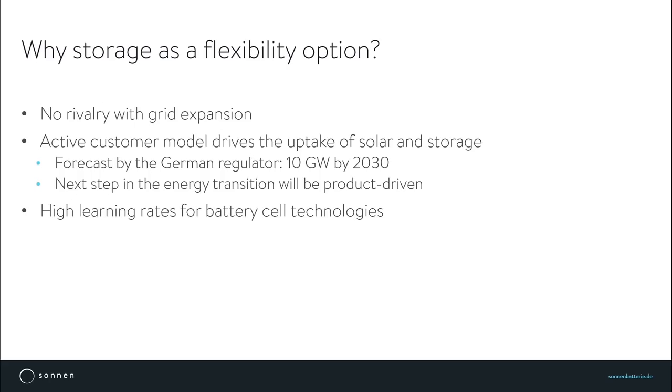And the other thing we're going to see, and why the active customer model with solar and storage is so important, is that we believe the next step in the energy transition will be product driven. So far in the energy transition, most of it was about generation. But the other sectors which now have to become decarbonized are product driven. Heating is semi-product driven, but mobility, for example, is highly product driven.